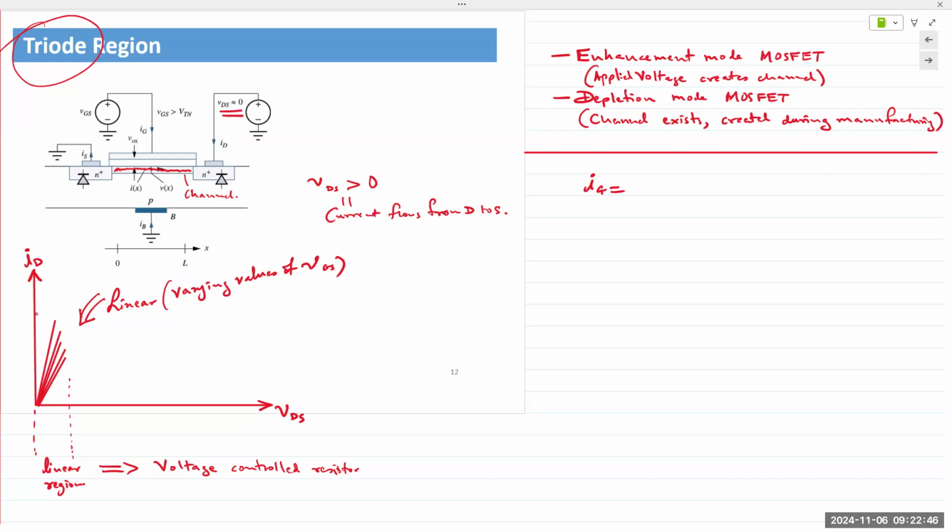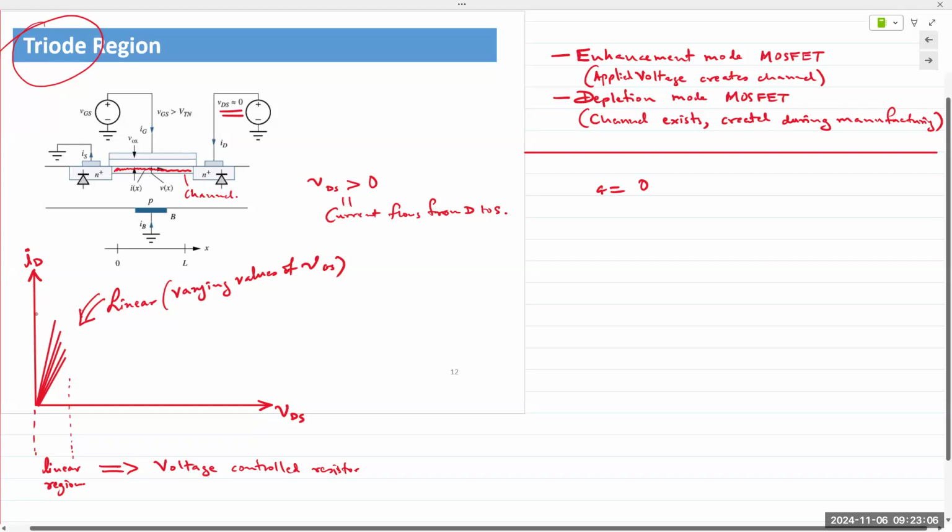If it's isolated electrically, what does it mean for the value of the gate current? Zero. Because of the oxide, gate current is zero. That of course applies for DC gate current.